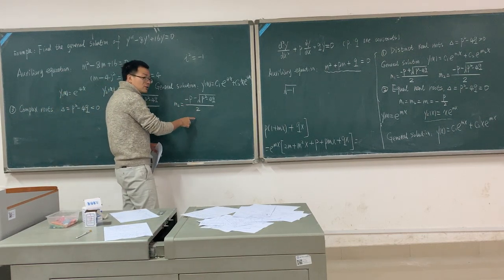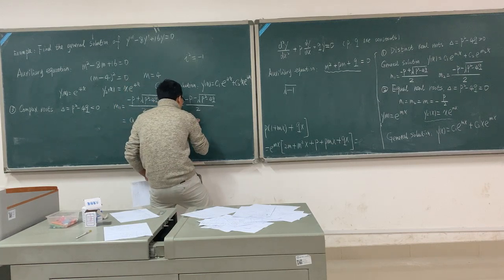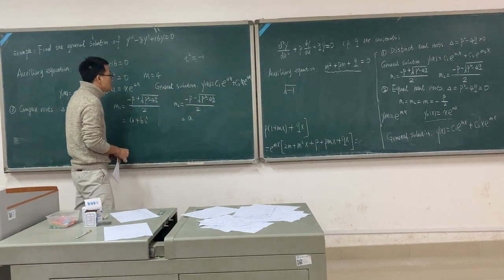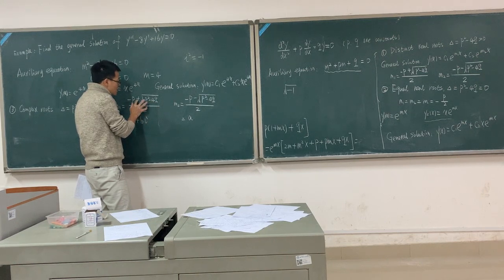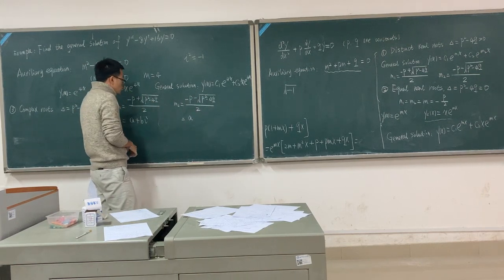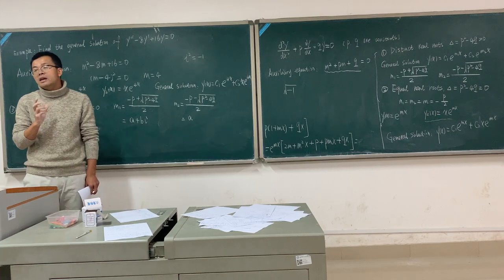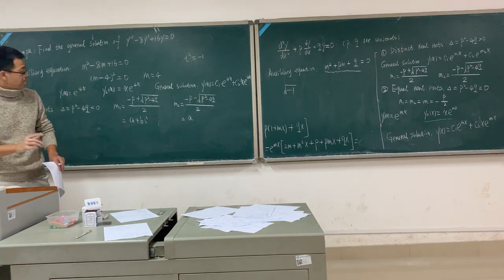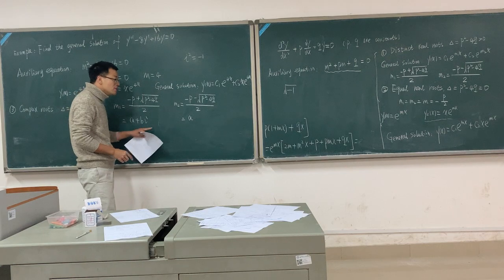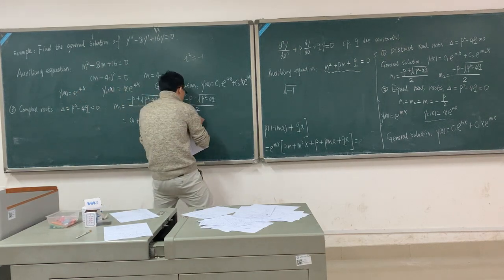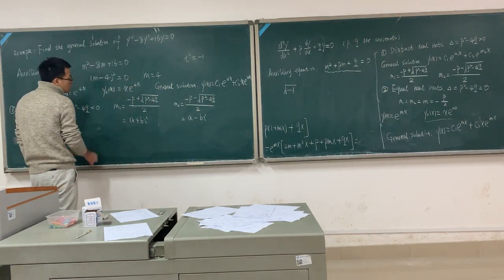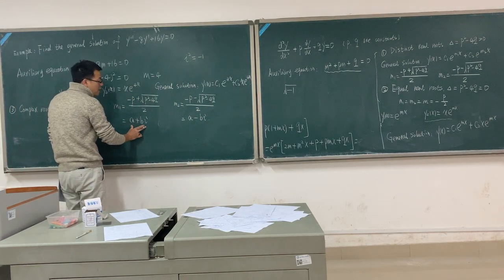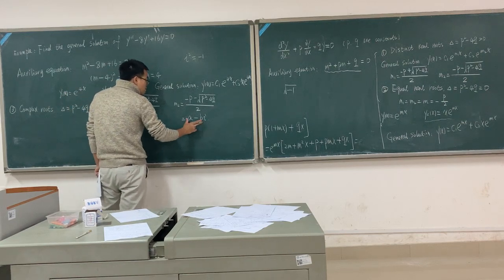Now we can see this is the complex part: here it is plus, here it is minus. So here is plus bi, and here should be minus bi. So m1 is a plus bi, and m2 is a minus bi.